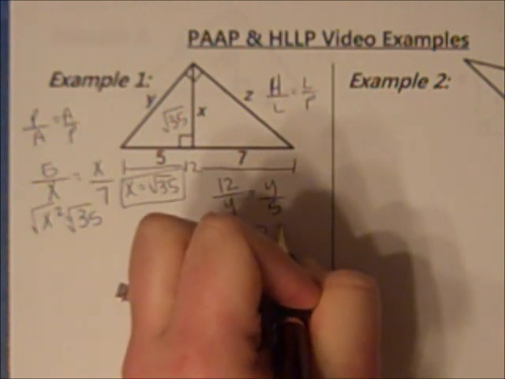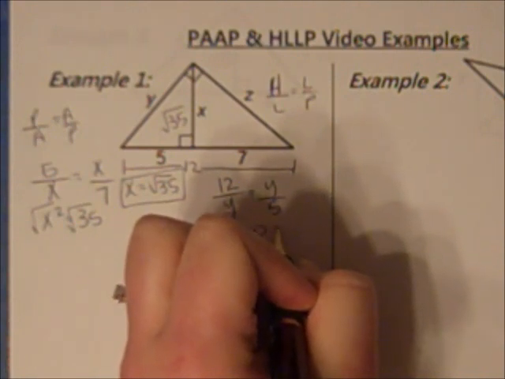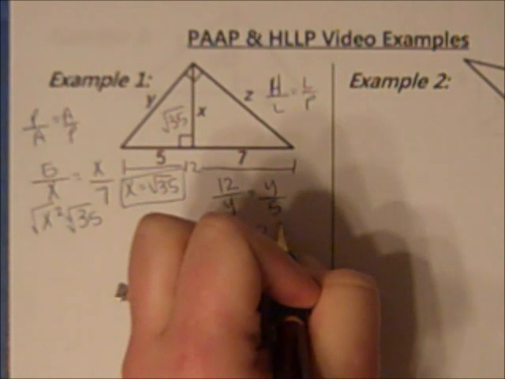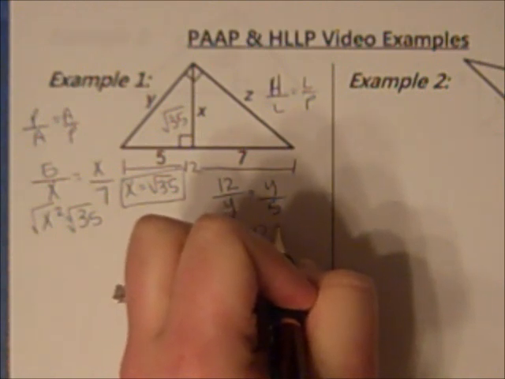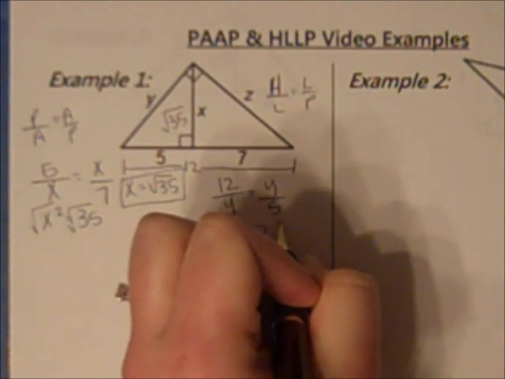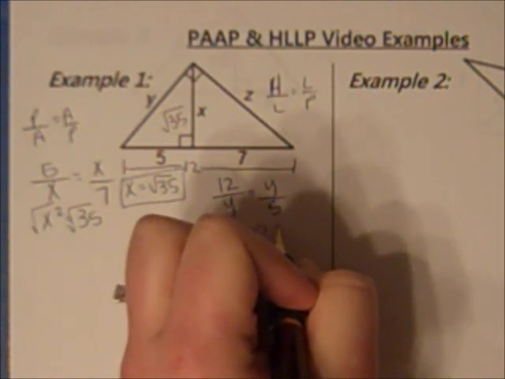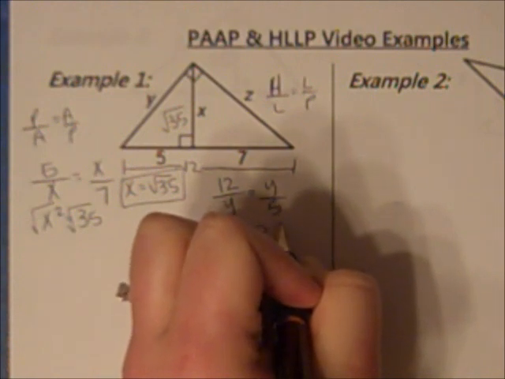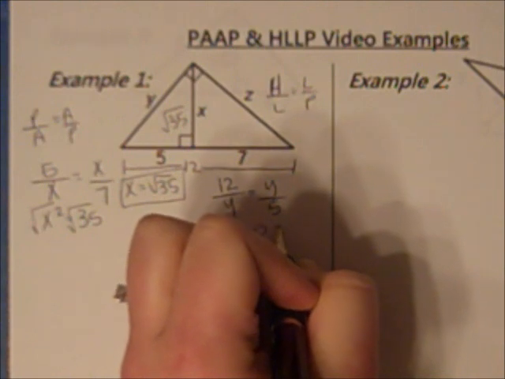Okay, so I have x, I have y. The last thing to get is z, and z is a leg, so that will be HELP. The hypotenuse is 40. The leg is z, and its buddy is the 30. So cross multiply, z squared equals 1200. Square root of 1200.